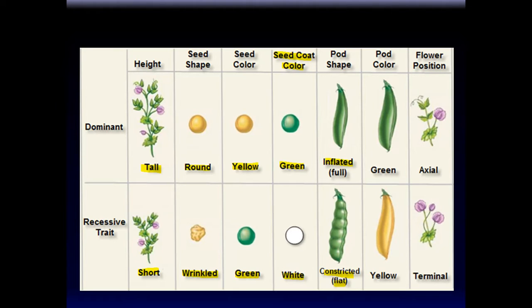He also studied the pod color, green or yellow, and the position of the flowers. There were pea plants with flowers that were axial, meaning on the side, and others that were terminal, meaning at the end of each little branch. So these are the various aspects of the pea plant that he studied.